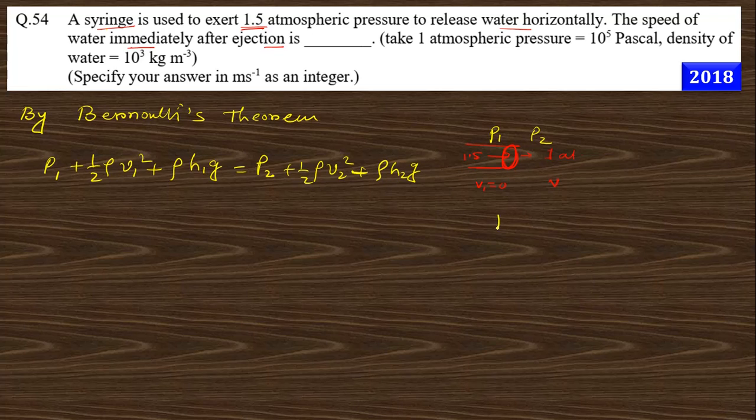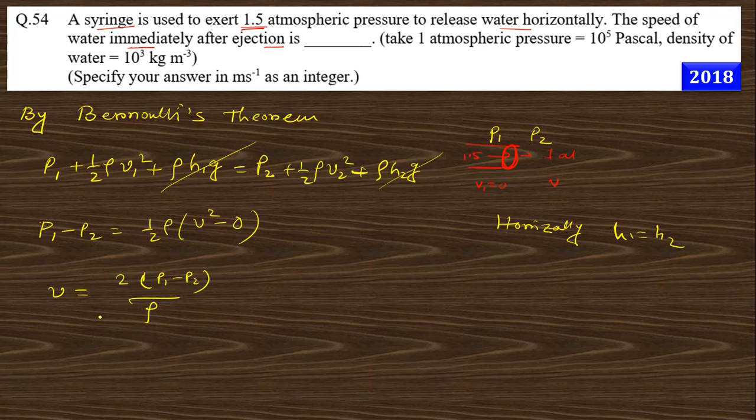Since this is horizontal, you can say that H1 equals H2. So these two terms cancel out. So you can say P1 minus P2 is nothing but half rho V2 square minus 0. So you get V equals root under 2 (P1 minus P2) by rho.